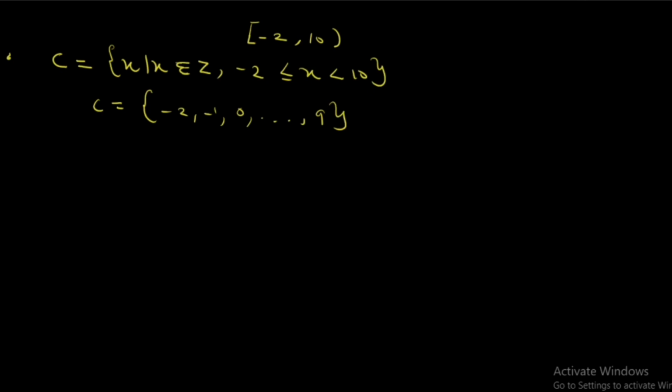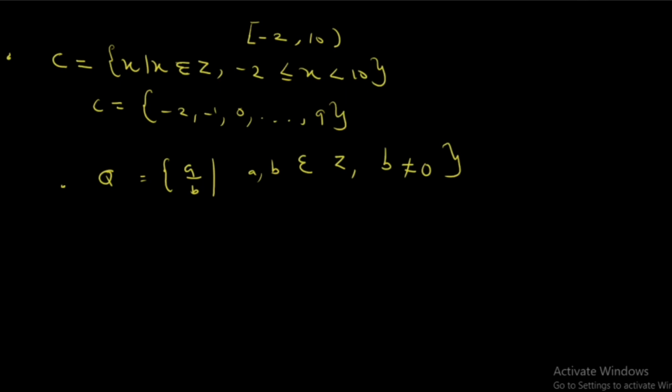We could also write in this way that the set of rational numbers can be defined as what? Q is equal to a over b, such that a and b belong to integers, that is Z, but b should not be equal to 0. These are all properties that one must know. We could also have for real numbers.